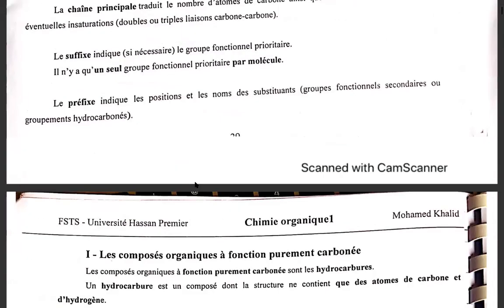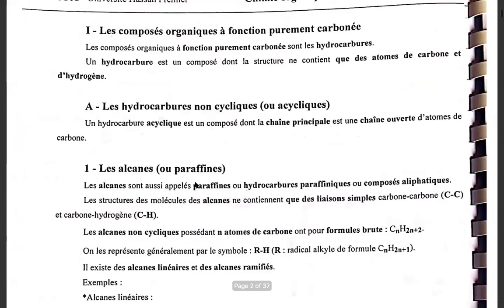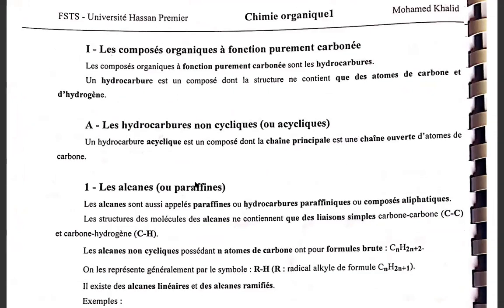Okay, continue. Like I said last time, we're going to study purely carbon atoms. We're going to study the first ones, which are non-cyclic. This is the class of aliphatic. We're going to look at aliphatic and a bit of aromatic, though I'm not supposed to, for you to understand how we name compounds like benzene, maybe vanillin, all those compounds.